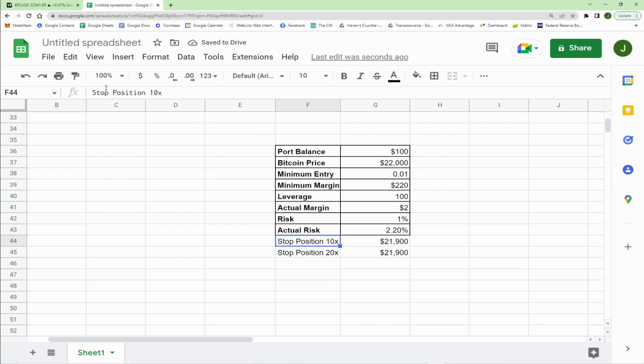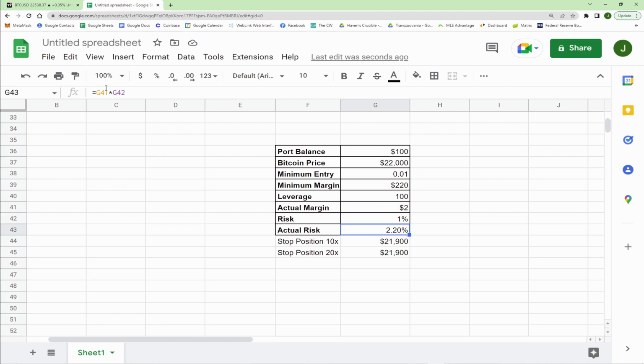However, at 100x leverage, your liquidation is going to be before your 1% risk stop. So you're actually risking 2.2%. With all these numbers here, you're risking 2.2% because liquidation is your stop.